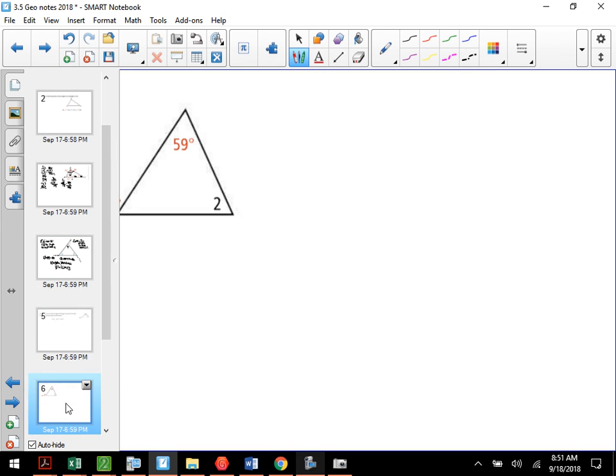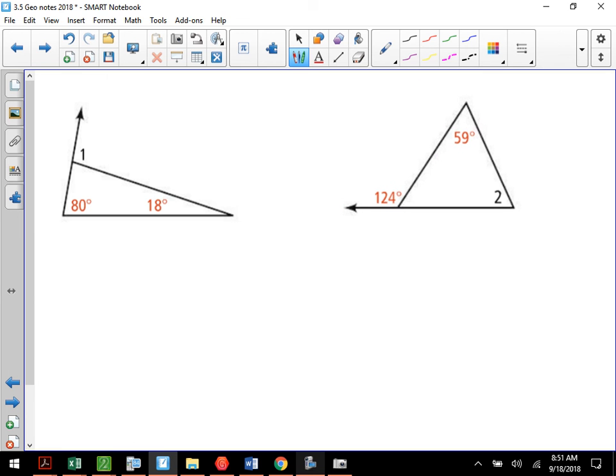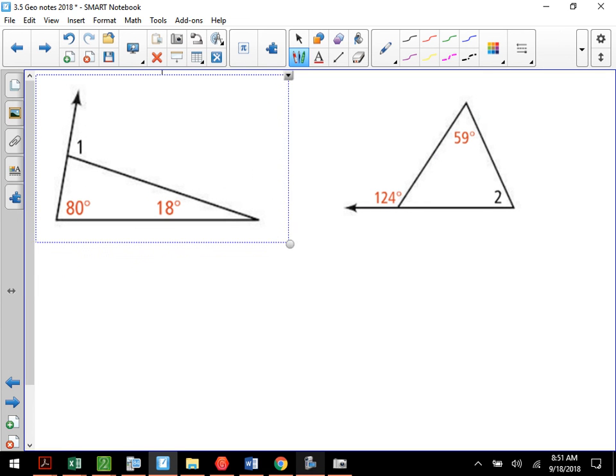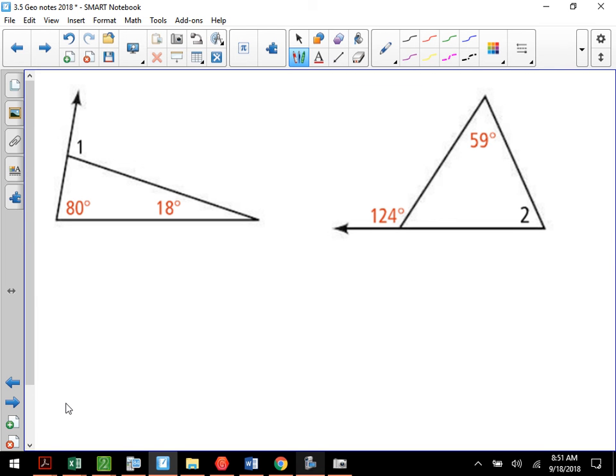So we did this. All right. So those are just examples, guys. Find the missing angle. Find angle 1. Find angle 2. Take a bit to figure it out. Yes, these are practice examples.